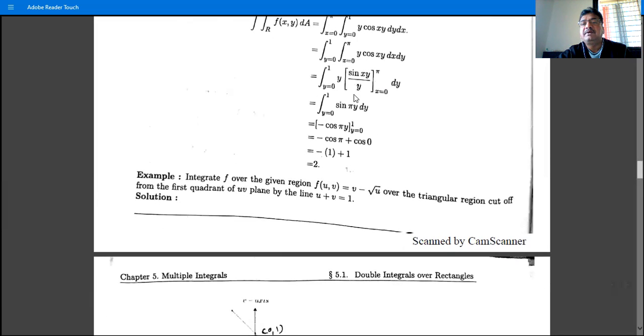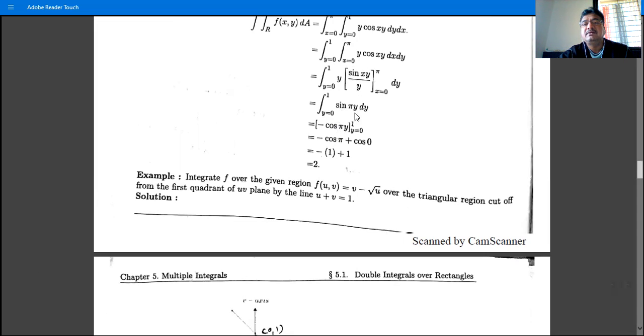And then the value at the upper limit, substitute x as pi, and then substitute x as 0, sin 0 is 0, so the value at the lower limit is 0. And if we substitute x as pi, then we have sin pi y, y gets cancelled here, so sin pi y, and then integration of sin pi y is minus cos pi y divided by pi.